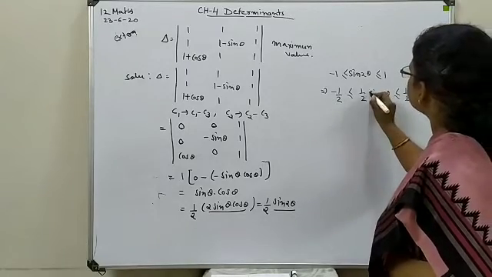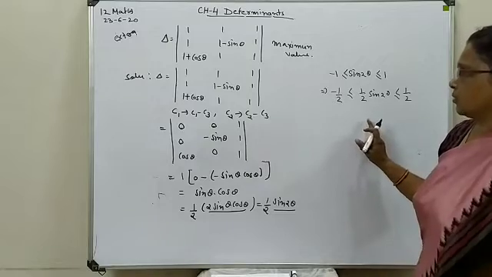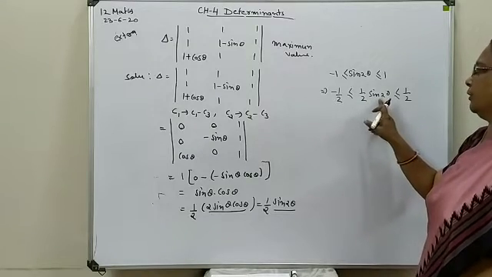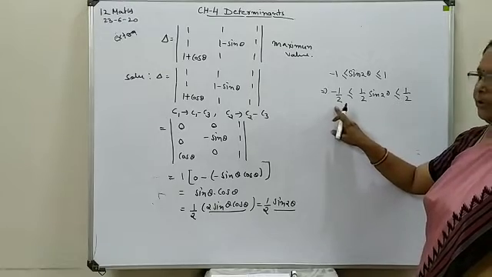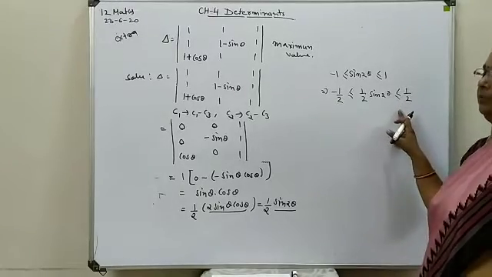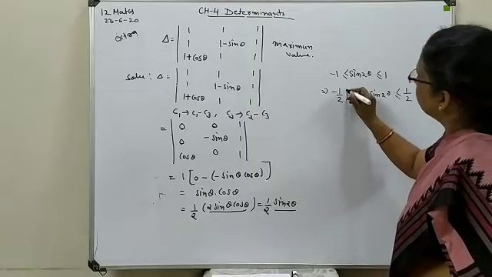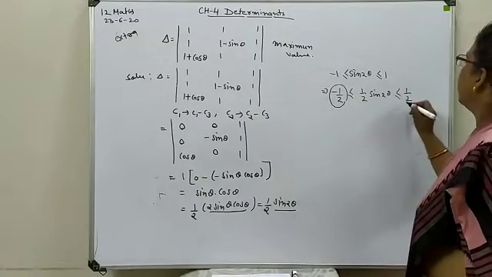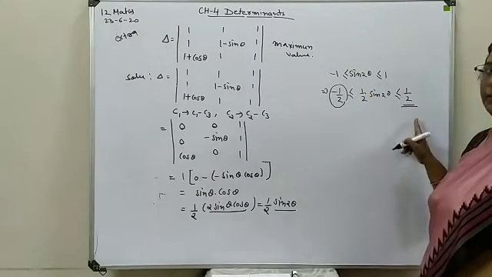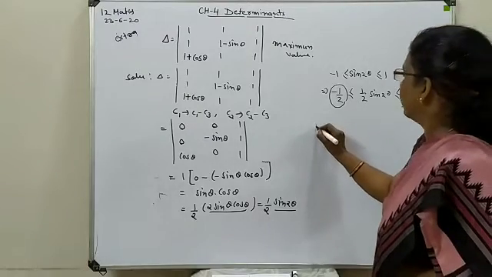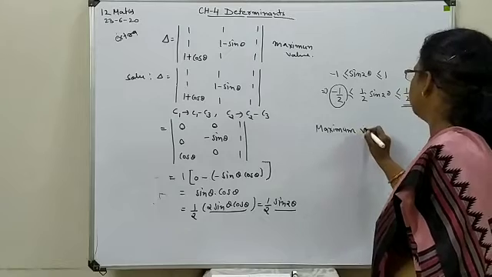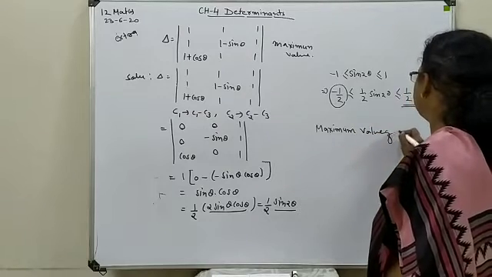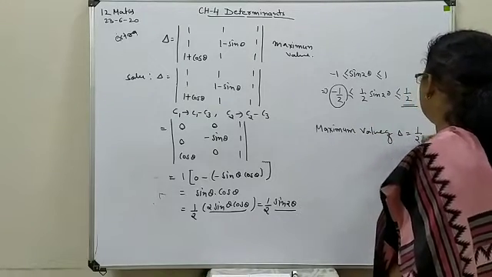So the solution regarding this half sine of 2 theta is greater than or equal to -half and less than or equal to half. So if you talk about the minimum value, it is -half. If you talk about the maximum value, it is +half. So you can write here the maximum value of the determinant is 1/2.